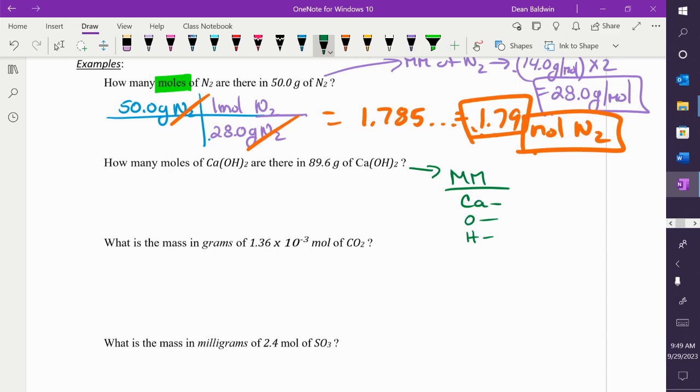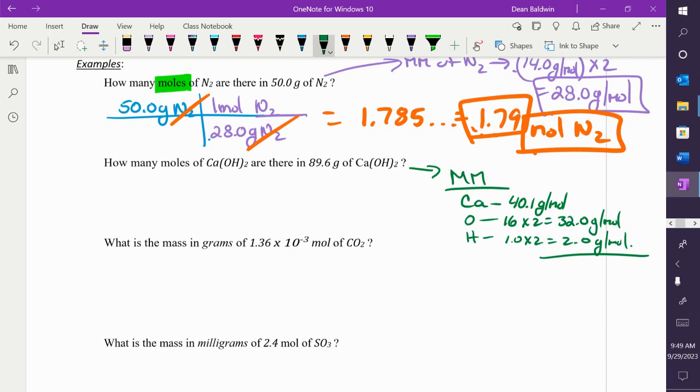What is the mass of calcium? 40.1. What's oxygen? 16. What's hydrogen? 1.